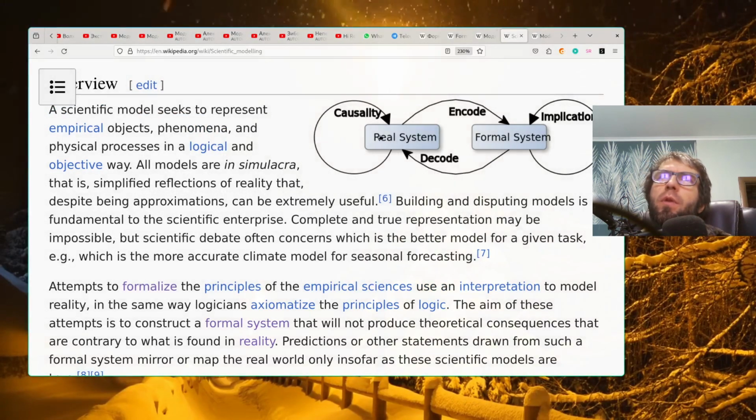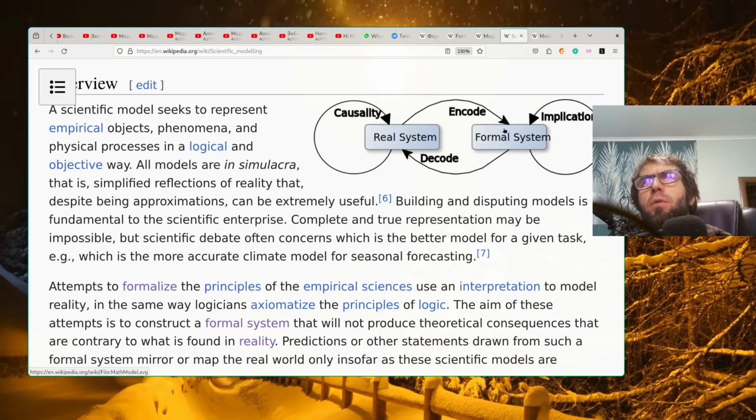So if you look here, we have a real system which has some objects inside, and relations, and has causality. Then the scientist looks at this real system and encodes it into the formal system, which has some implications.